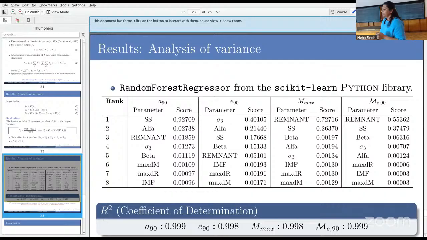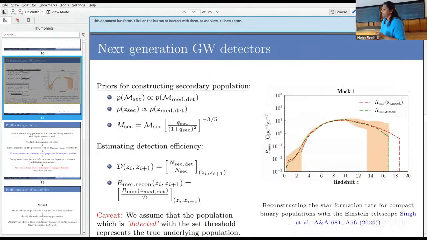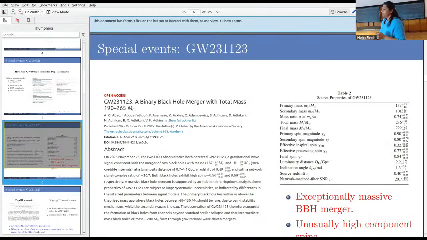Okay, I don't see any more questions and comments. So maybe over here. Because you mentioned that there are some people claiming that this most massive merger is maybe like an Earth population, but it is characterized by super high speeds to the outer screen. If you think about the origin of this star, would you expect such high speeds?